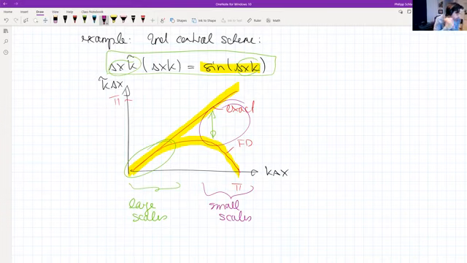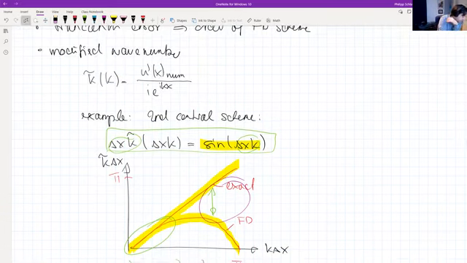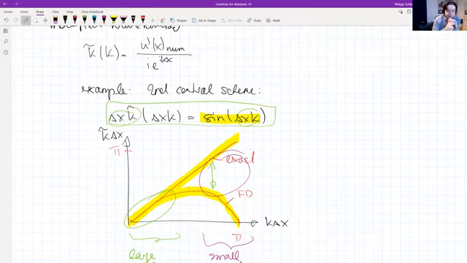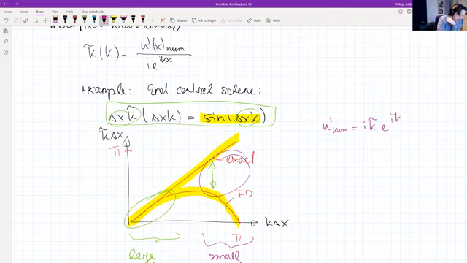The modified wave number goes in as a multiplicative factor in the derivative. Well, you cannot see it here, but the numerical derivative would be something like this: u prime numerical is i k tilde times e to the i k x.